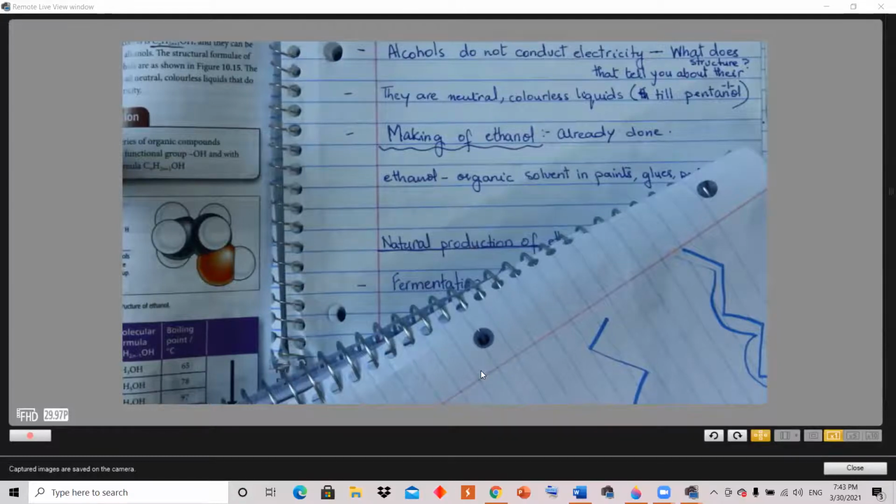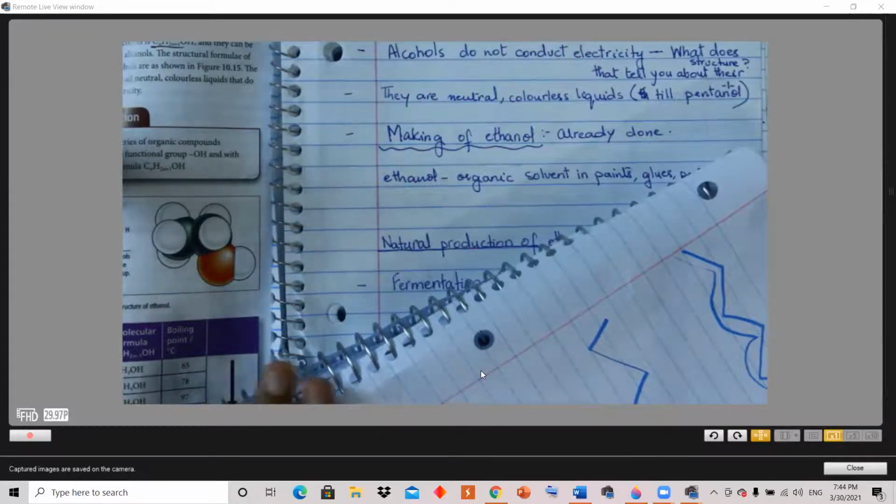Very good. Please say it loudly. It makes ethanol usually. It makes alcohol. Okay, the product is alcohol. And is there any other product?